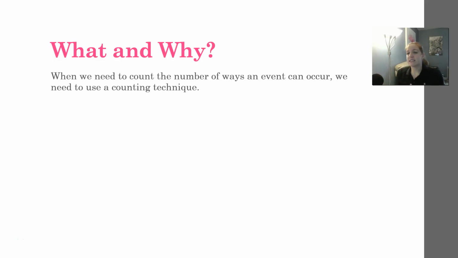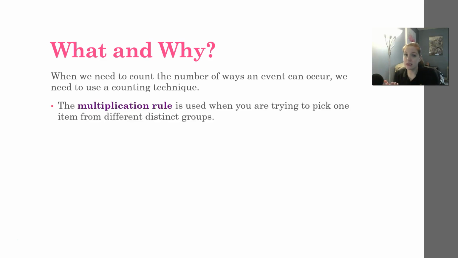But what is it? When we need to count the number of ways an event can occur, we need to use a counting technique. More specifically, when we are asked to pick one item from each distinct group, you're going to use the multiplication rule. Think of it as breaking up into parts and just picking one item from each group.